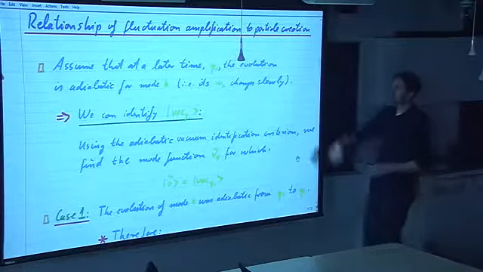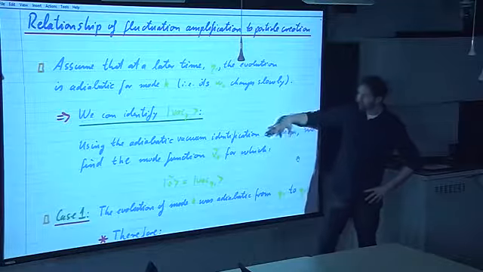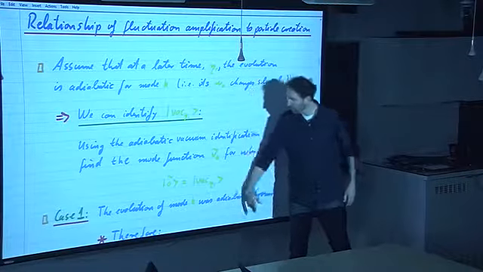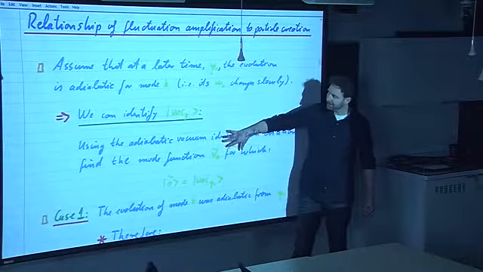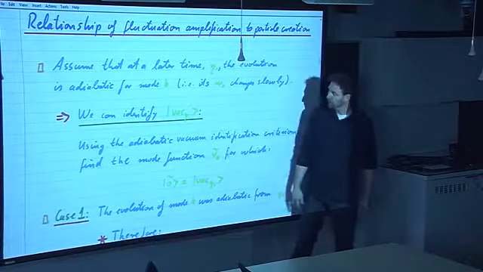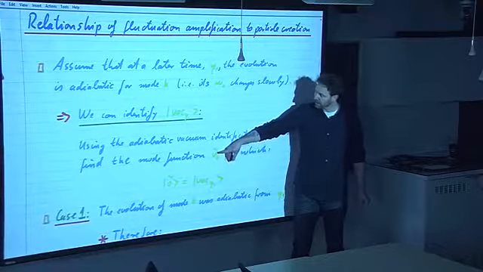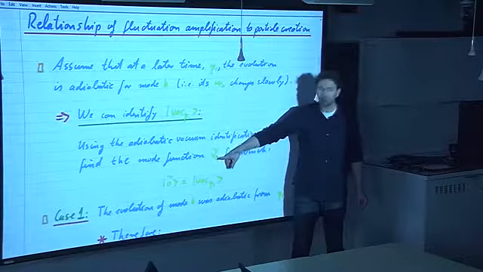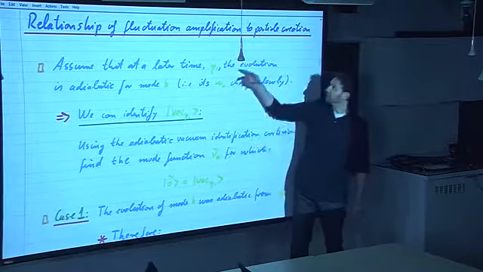The adiabatic vacuum identification criterion tells us the answer in the following form. It tells us that if you want to find out what state in the Hilbert space is the vacuum now, you have to impose certain initial conditions on the mode function and its time derivative at time eta 1.